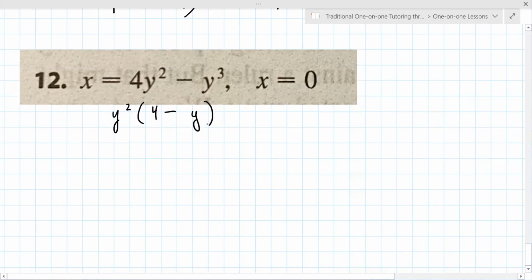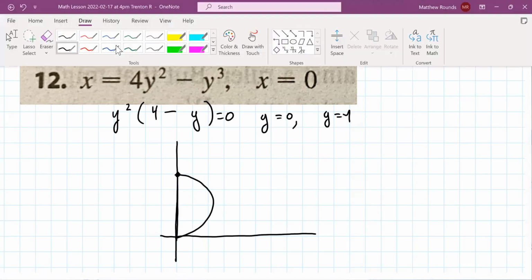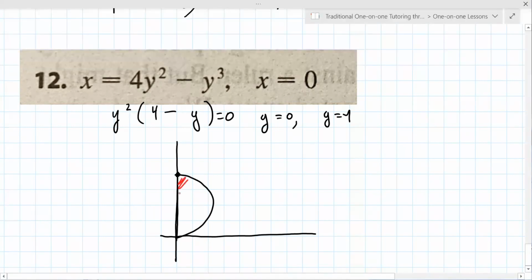That tells you it's 0 when y equals 0 or y equals 4, and you have to use some of those skills to answer this. So here's 4. We don't know where it goes, but it looks something like that, and there's x equals 0. If you're not sure about any of these, use Desmos or something to confirm that you've got the right graph.